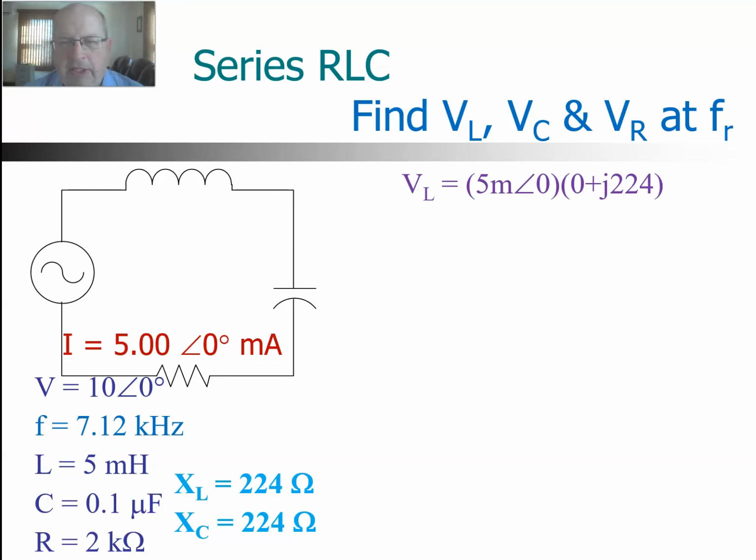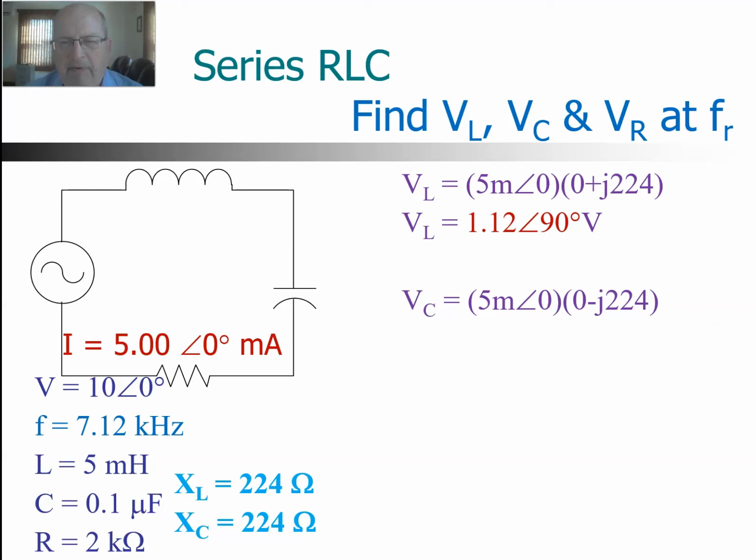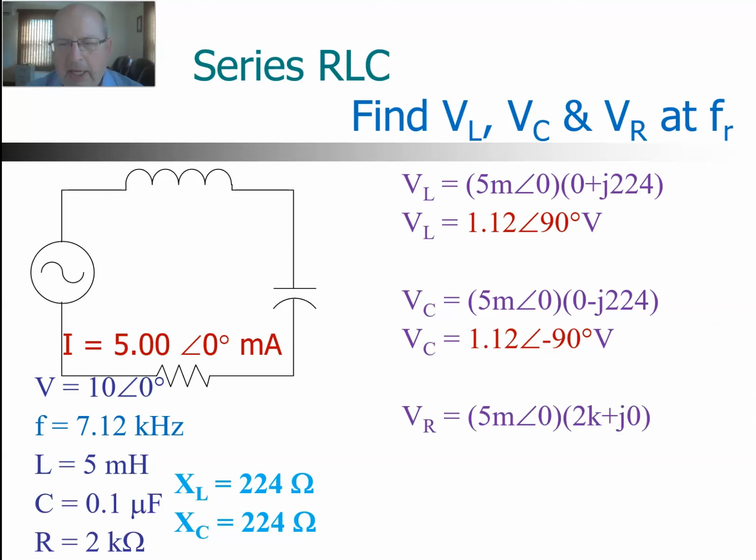So V_L is the current, 5 milliamps angle 0, times the Z of the inductor, 0 plus j224. That gives us a value of 1.12 volts at angle 90. We do the same thing for V_C, and find V_C is 1.12 at angle minus 90. Then V_R is 10 at angle 0.